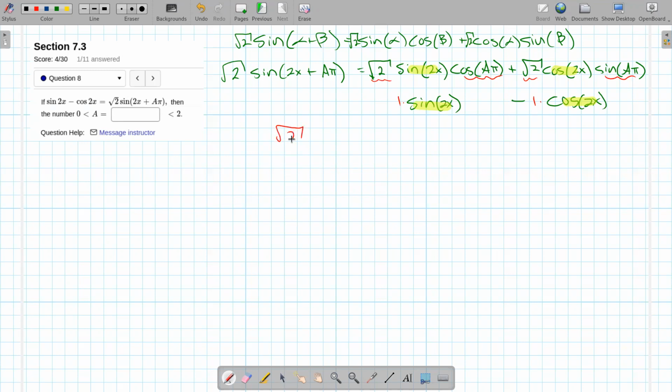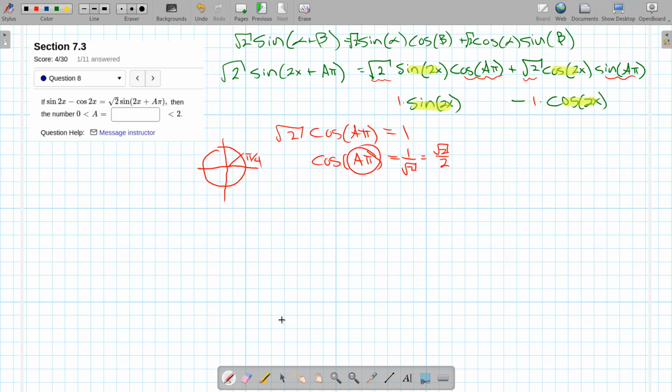So square root of 2 cosine of a pi has to equal 1. That means the cosine of a pi has to be 1 over the square root of 2, which looks familiar, right? If we multiply top and bottom by the square root of 2, that's the square root of 2 over 2. Thinking about the unit circle here, square root of 2 over 2 happens at pi over 4 for cosine.